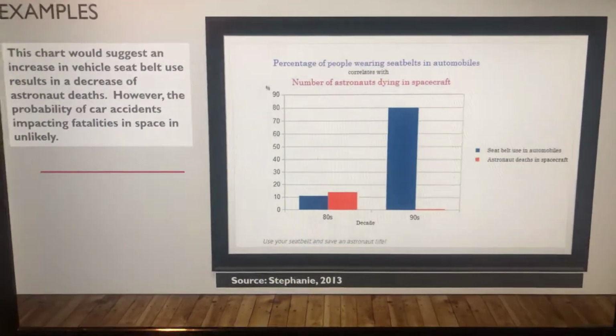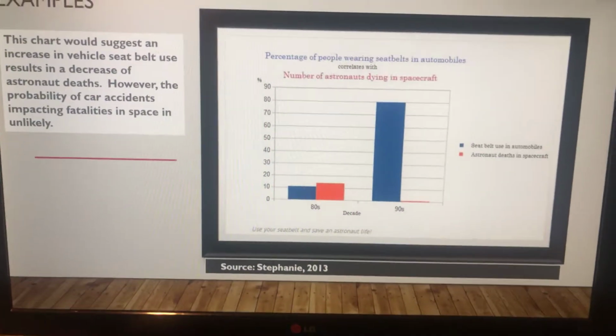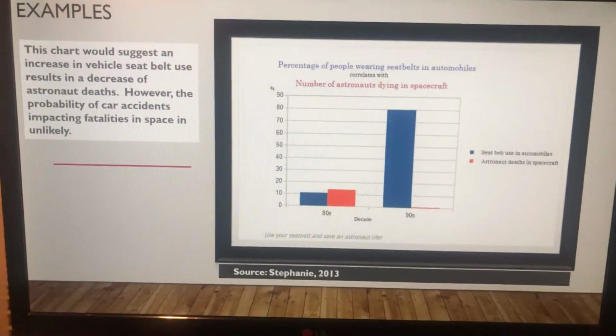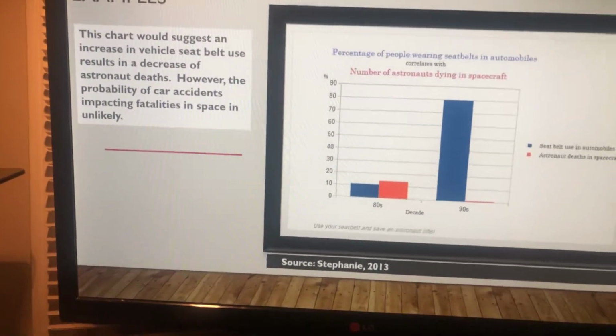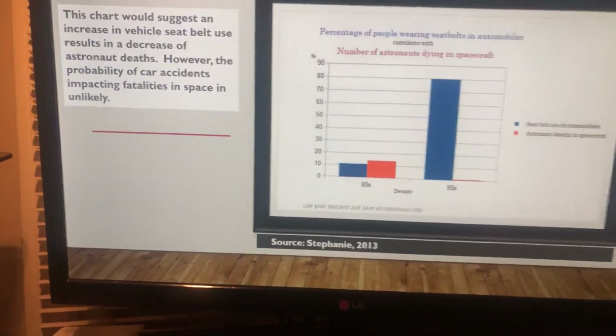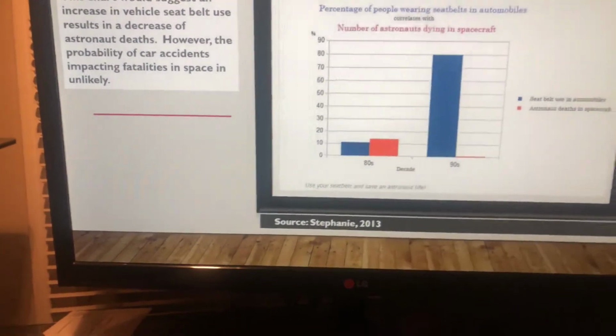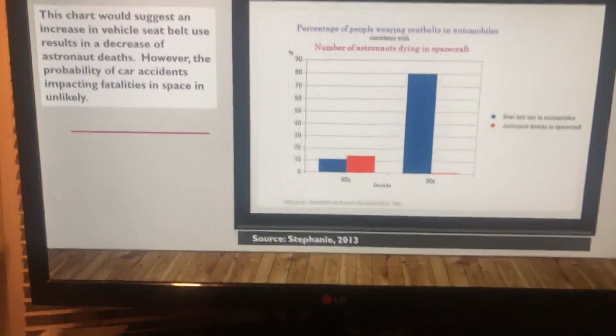Here is one example. A percentage of people wearing seatbelts in automobiles correlates with the number of astronauts dying in a spacecraft. So this chart would suggest, due to evidence, that the increase in vehicle seatbelt use is resulting in a decrease of astronaut deaths, which would be a cause and effect situation.